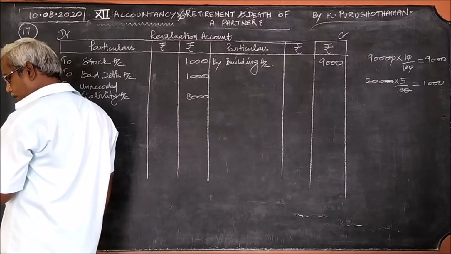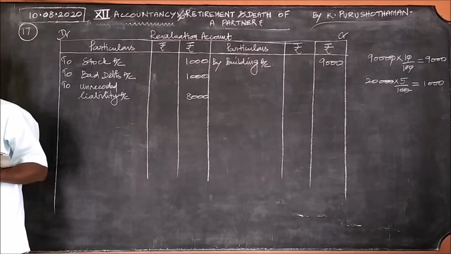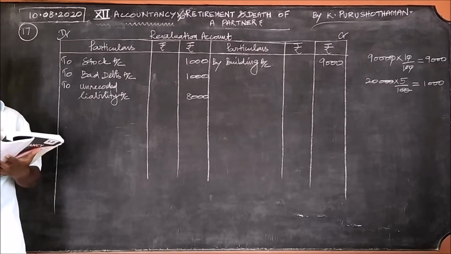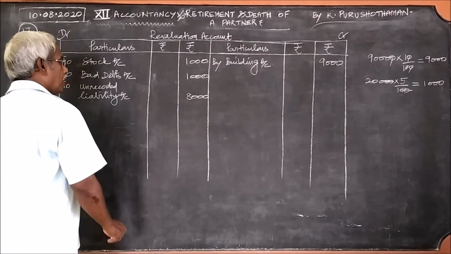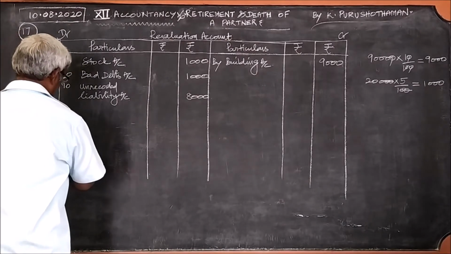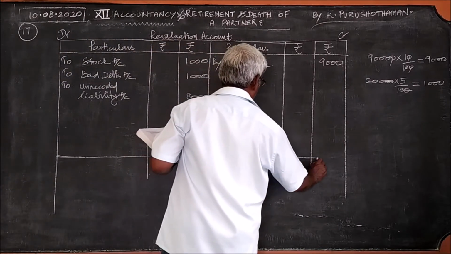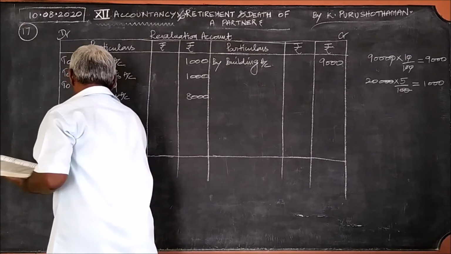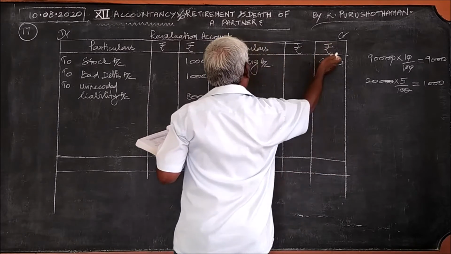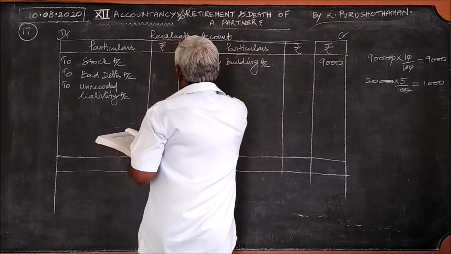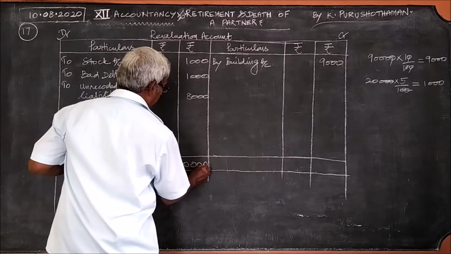The 4 items, 1, 2, 3, 4, we have attended. The last one is related to the capital account and the balance sheet, and therefore it will not appear here. So we should close the account on both the sides. Credit side total 9,000, debit side total 10,000. 10,000 is the greatest total.